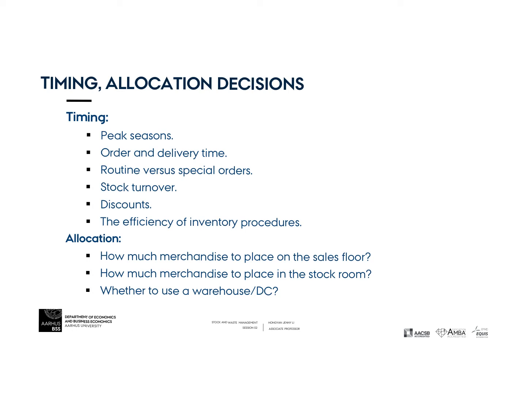And then you need to know whether these are regular items or special orders, the stock turnover, and you should also take into account the discounts, the promotion decisions, the advertisement plan, and the efficiency of inventory procedures. And then the allocation decisions include how much merchandise to place on the sales floor.